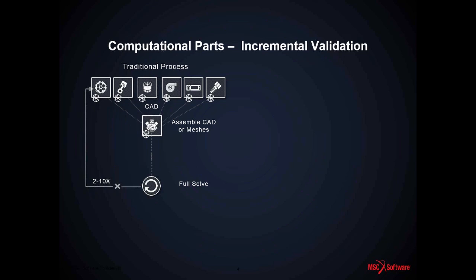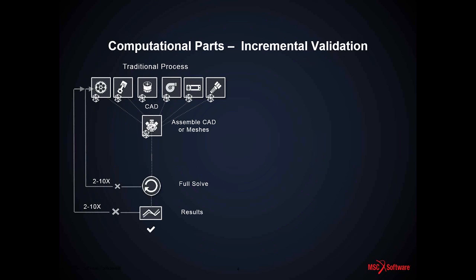This is basically to make sure the run-ready deck is created. After we do that, we go through the design iterations, and every time you make any change in any part of the system assembly, we have to go through reassembling the model and rerunning the entire assembly, and it takes quite a bit of time. This is today's traditional process.